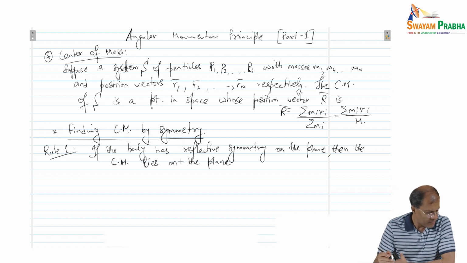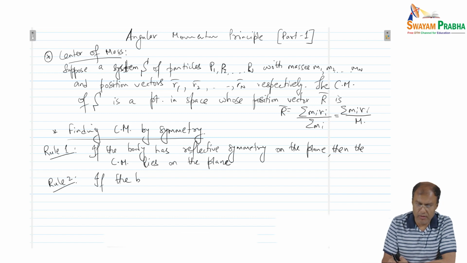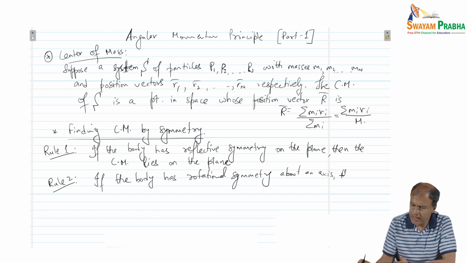Then the second rule says that if the body has rotational symmetry about an axis, then the center of mass lies on the axis.